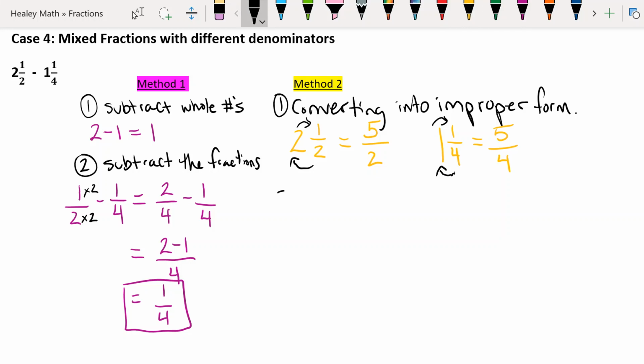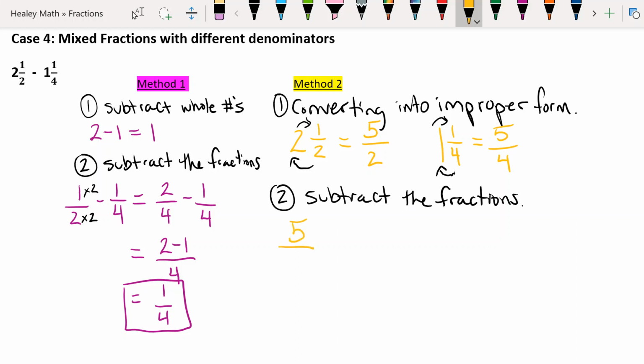Our second step is now we will subtract the fractions. And now we have it in improper form. Let's rewrite them. 5 over 2, subtract 5 over 4. We can't subtract these fractions just yet, as you'll notice we have a 2 and we have a 4.